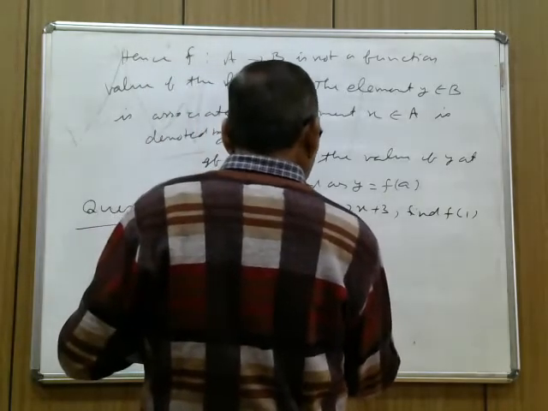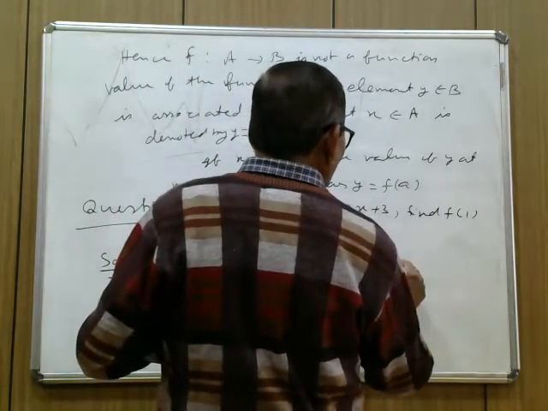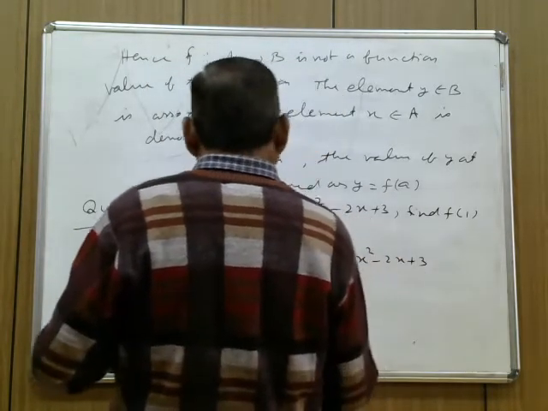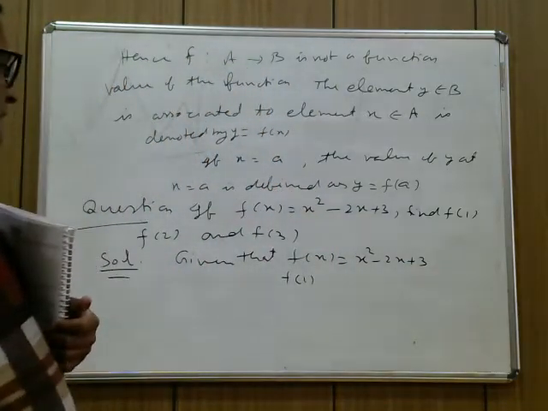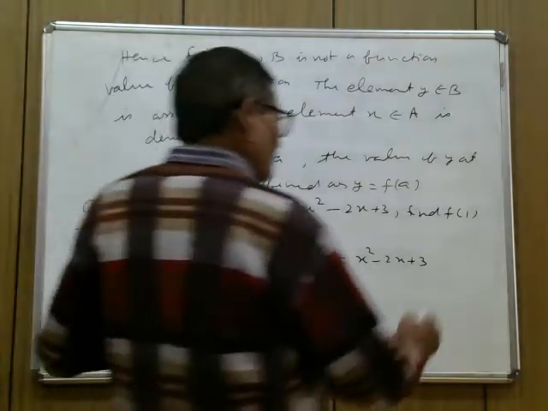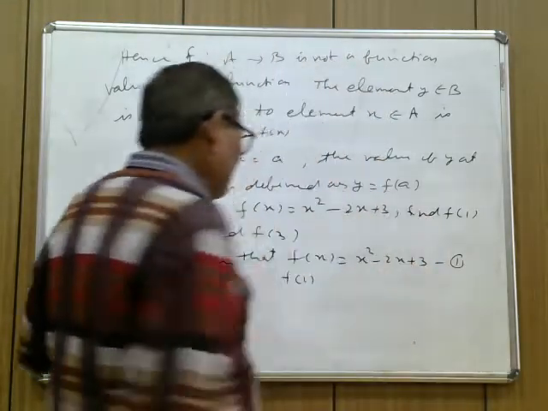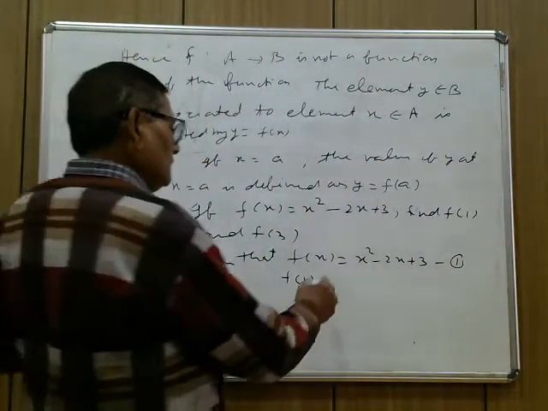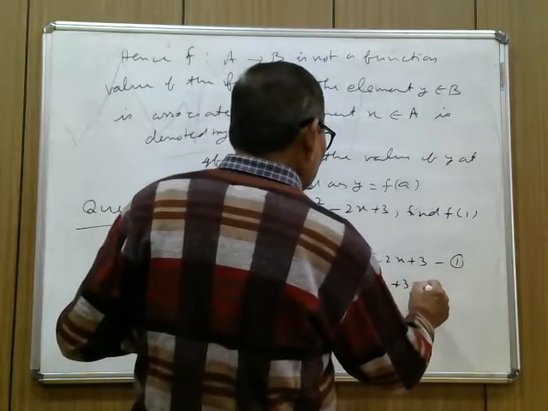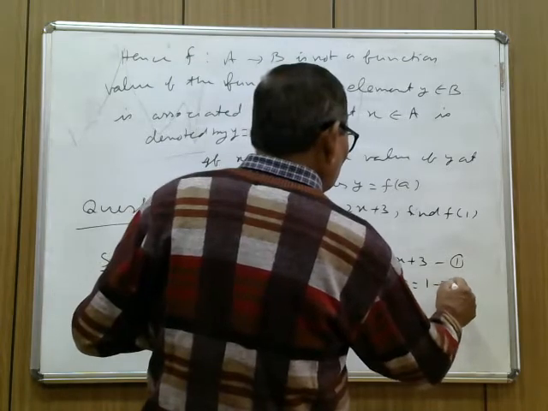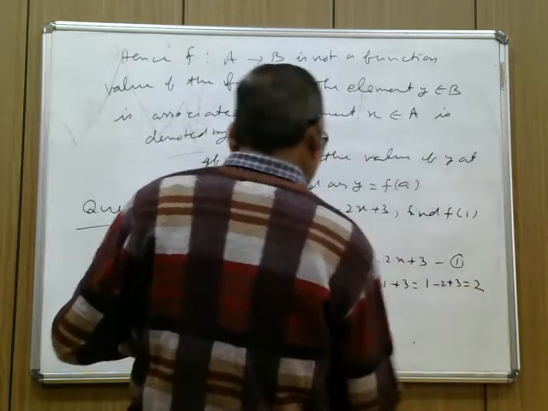f of x is equal to x square minus 2x plus 3, your f of 1 is obtained by substituting x equal to 1 on both sides of the result. So f(1) is equal to 1 square minus 2 into 1 plus 3, that is 1 minus 2 plus 3, it is 2.